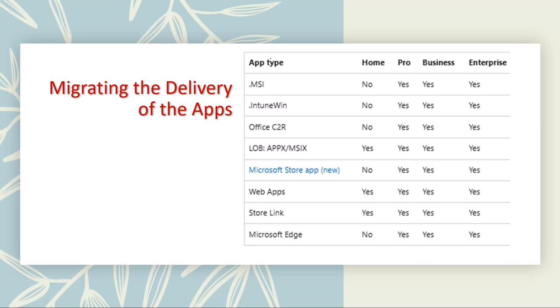We already know the kind of applications we can deploy to a Windows device from Intune. We can deploy a MSI, and these three are the OS editions that we are going to talk about. Obviously, we won't be having Windows Home in an enterprise setup.